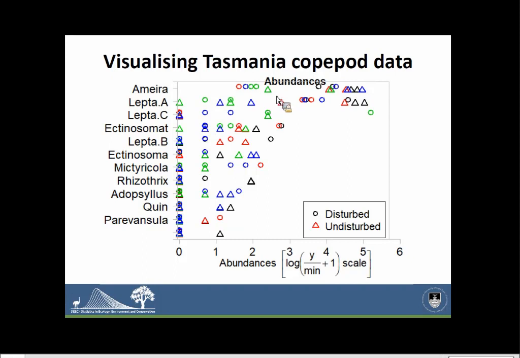So it's color coded to the block. It's a really nice way to look at your data, but again, it's only for the 12 top species, and in most of our data sets, we would have many more species than that. But it is a useful tool.